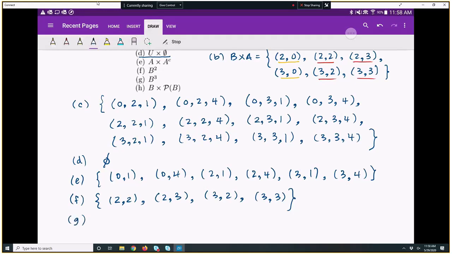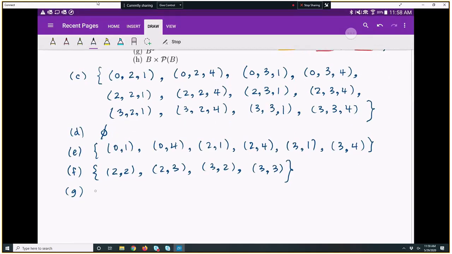Whereas G has asked us to do B cubed. So I'm going to be, again, looking for ordered triples. How many of them? Well, it should be 2 times 2 times 2, 8 of them. So let's start with, I'm going to take 2 from my first copy of B, 2 from my second copy of B, and 2 from my third copy of B, then 2, 2, and 3.